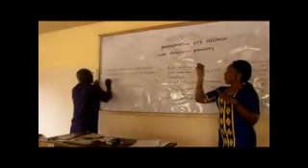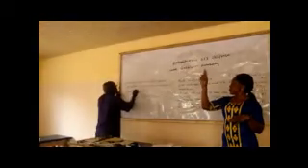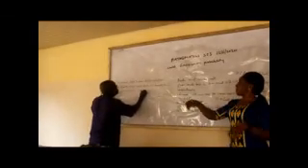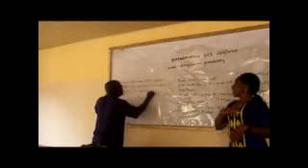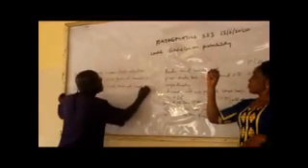Or Shedu fails while Awudu and Tunde pass. So that's it. We're not going to take it one by one now.